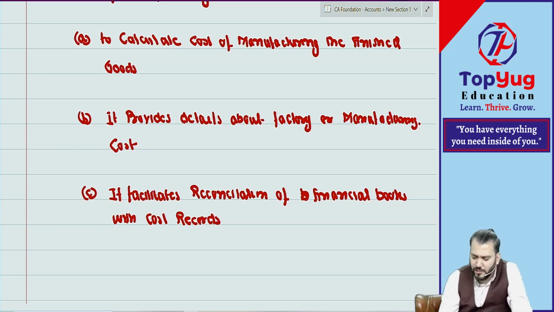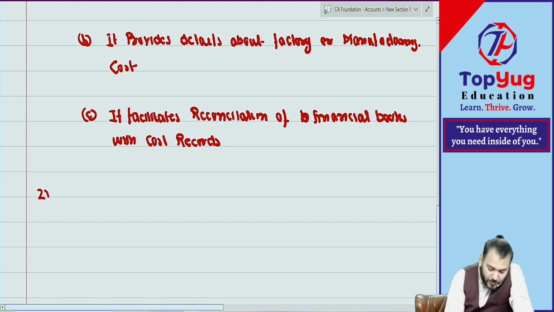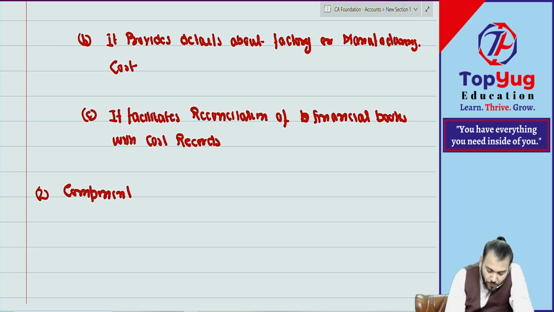Understood. So if they ask a theory question, you can write down these three purposes of the manufacturing account. Correct. Now we need to understand what are the components of manufacturing cost. Write down, components of what?